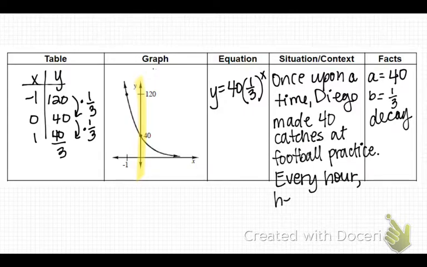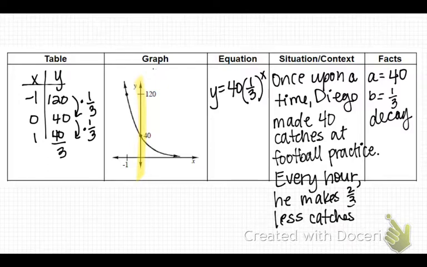He makes 2/3 less catches. Does that make sense? Because 1 minus 1/3 is 2/3. So he's missing 2/3 of the catches, and he's only making 1/3 of them. Do you understand that? Okay.